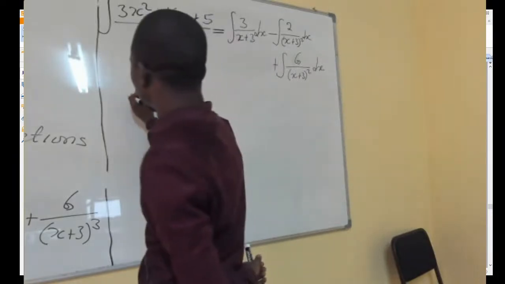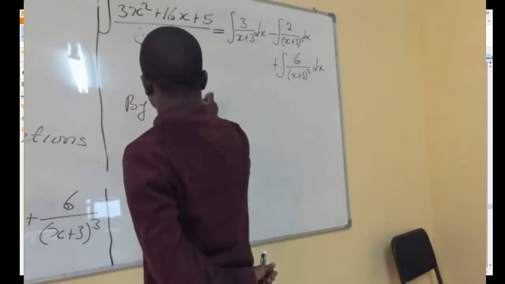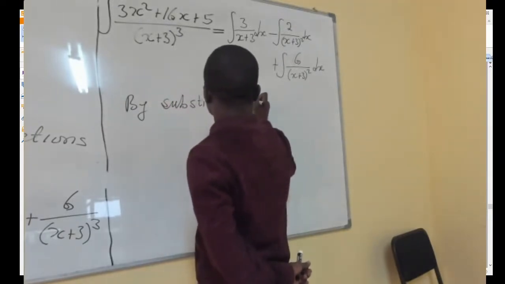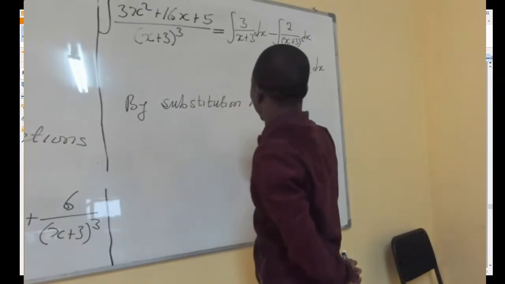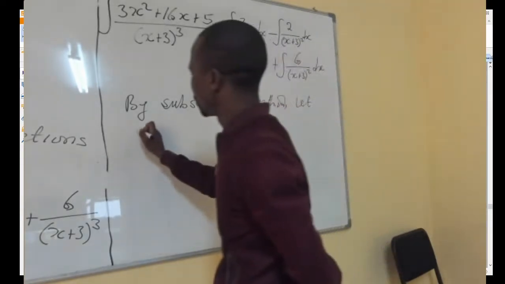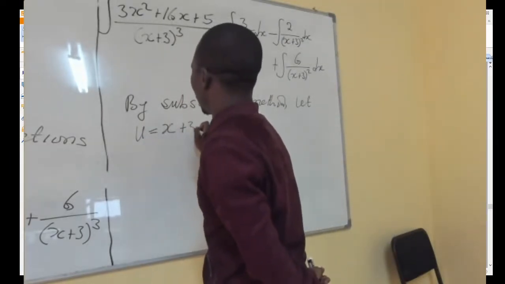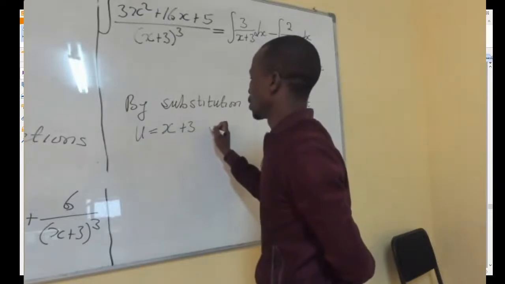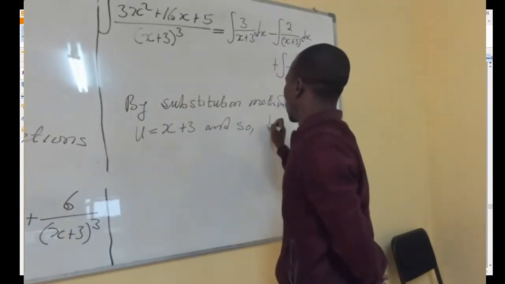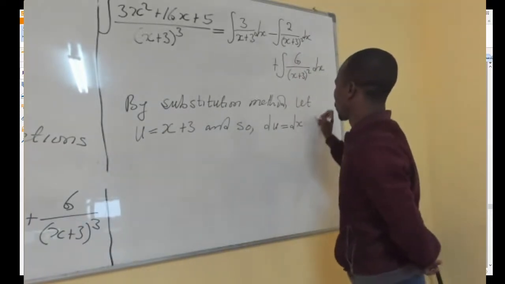So now, by the substitution method, let u be equal to x plus 3, and so du will be equal to dx.